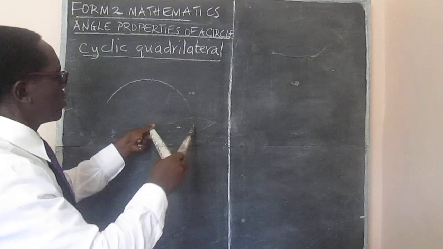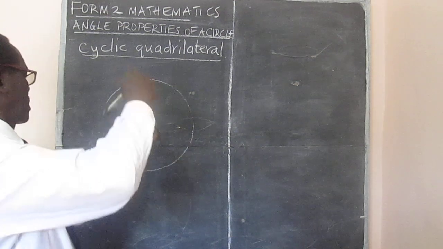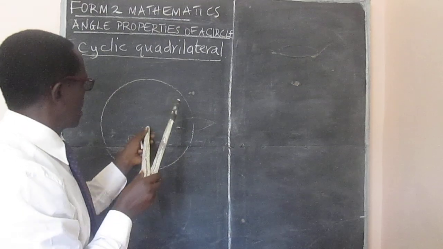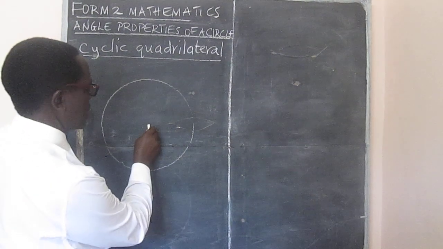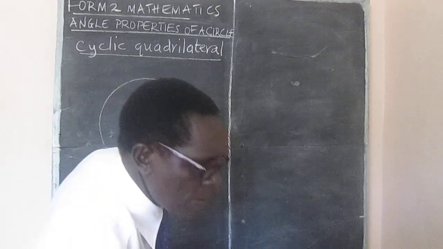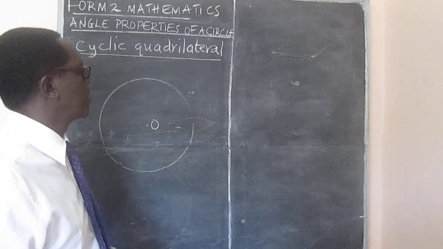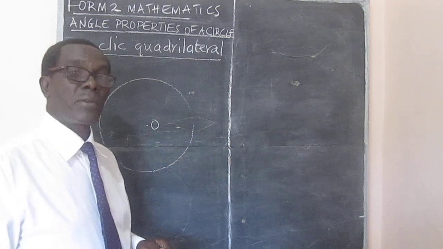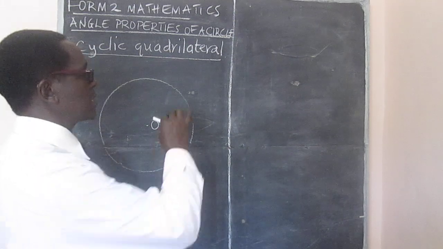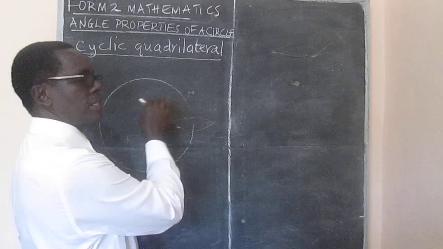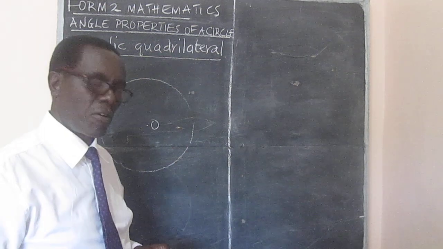So we're going to draw a circle. We mark the center, we can call it O, and then we are going to draw a quadrilateral, and we are going to make sure that the vertices of the quadrilateral touch the circumference of the circle.